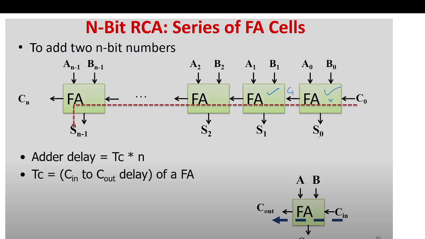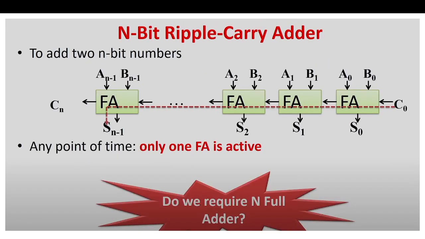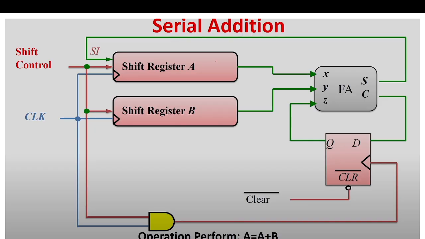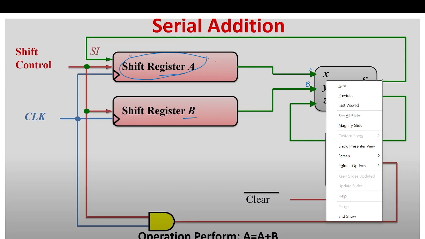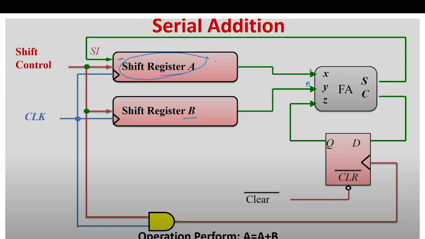So can we reduce it to just a single full adder? But we need shift registers to store as well as give input. Say we have inputs for A and B, and we modify the content of this register to store the output value. We get the A and B values bit by bit. It performs a one-bit addition and gives an output which is stored here, one bit.